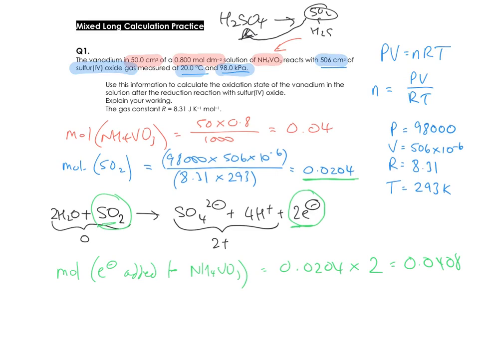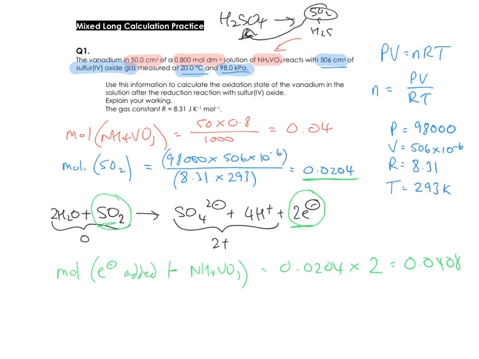So if we now look at the ratio of the moles of the ammonium vanadate and the moles of electrons that are added, it's pretty much 1 electron per ammonium vanadate molecule. So that means that the oxidation state is going to just reduce by 1.